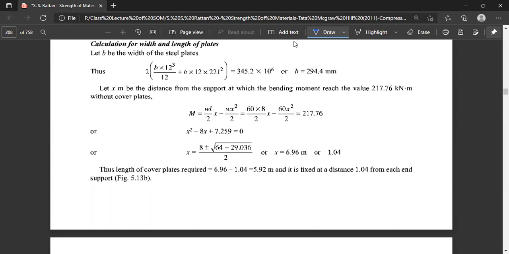B square minus 4ac is minus 21.036 divided by 2, or x is equal to 6.96 meter or 1.04 meter. This is the length of cover plate, thus the length of cover plate required is 6.96 minus 1.04. The positive sign gives 6.96, the negative sign gives 1.04. So this cover plate requires 5.2 meter length and is fixed at a distance of 1.0 meter from each end of the support.